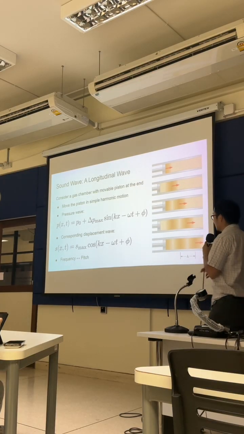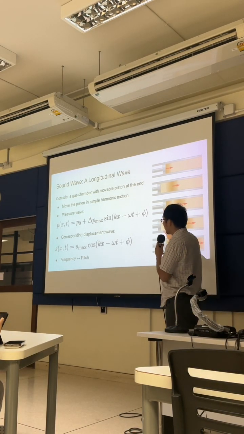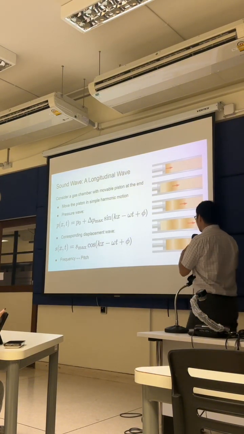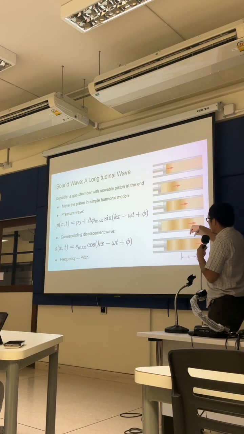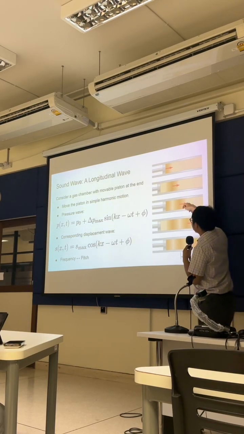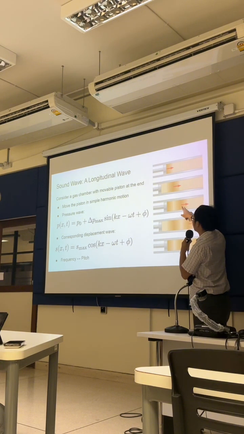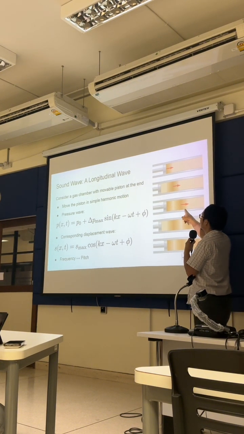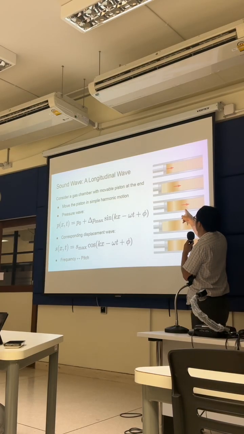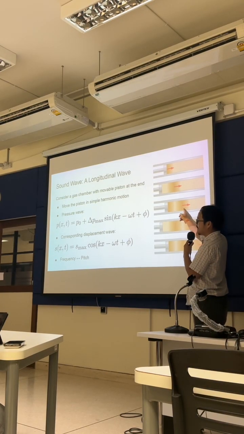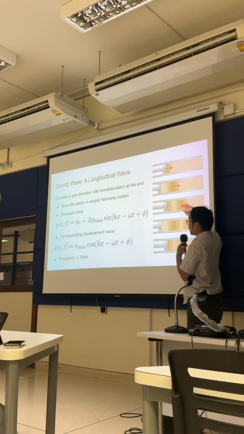Now we have the pressure wave looking like this. That's pretty straightforward, but then we can also write a corresponding displacement wave, meaning that for each molecule of gas in here, when you are right here, you have a high pressure region to the left, the low pressure region to the right. In order for you to contribute to this pattern, as a gas molecule here, you need to move slightly toward the left to clump in and make a lump around here, right?